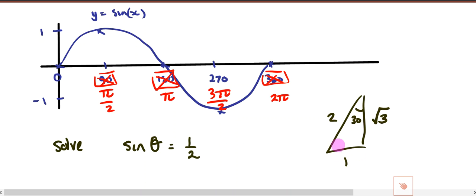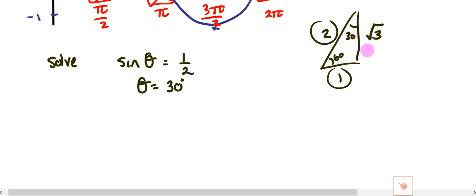Remember the special triangles? Sine is opposite over hypotenuse, so theta is 30. But also, if I now said to you, look at the same diagram, what is sine of 60 without using a calculator? Root 3 over 2. Yeah?